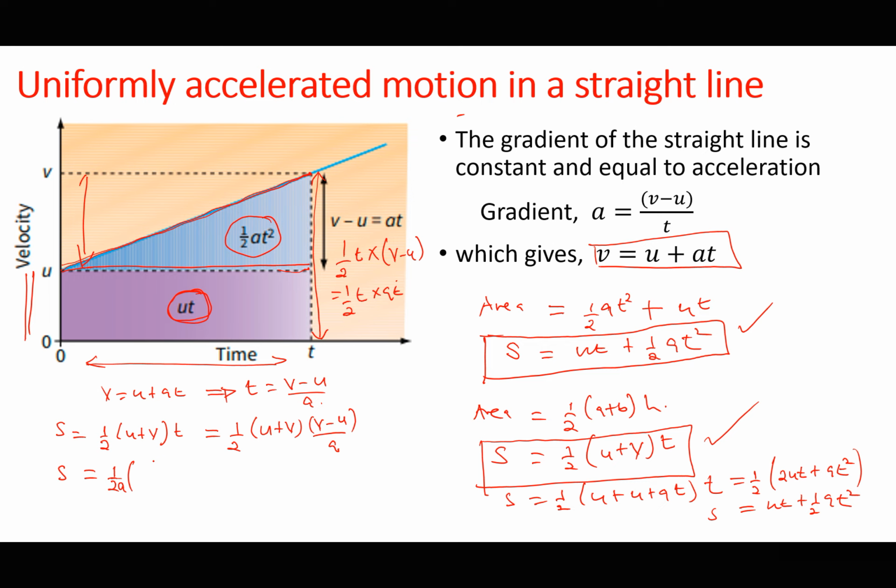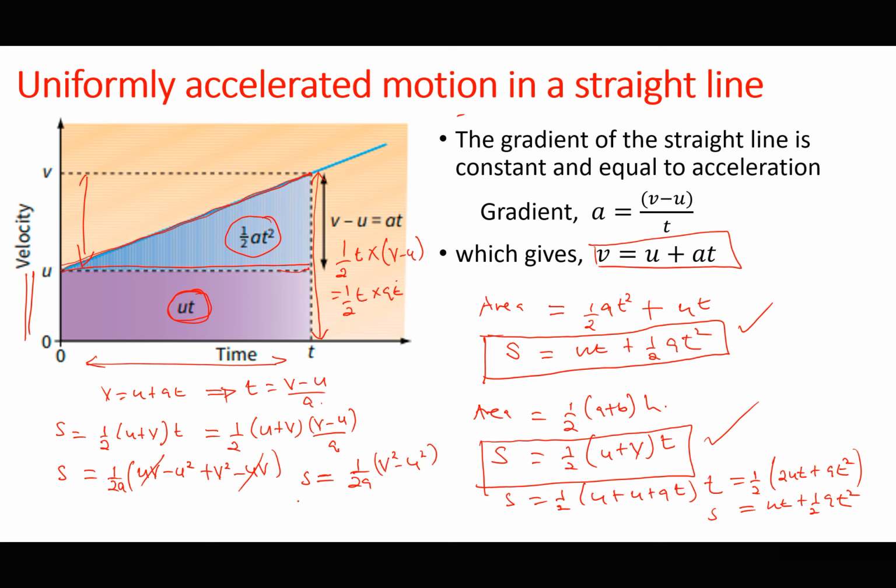So I have uv minus u squared plus v squared minus uv. So uv has cancelled out. So this means I have that s equals to a half, 1 over 2a, into v squared minus u squared.